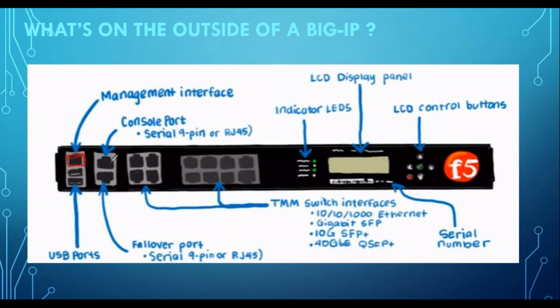You will have a console port. You will have USB ports to plug in USBs in case you need to do some customized file transfers, or maybe in some scenarios you might need to build the box from scratch with the OS on the USB.